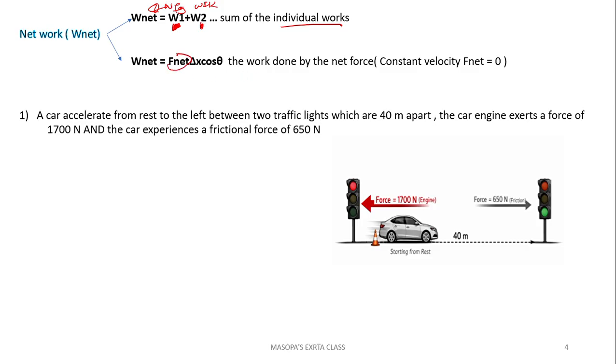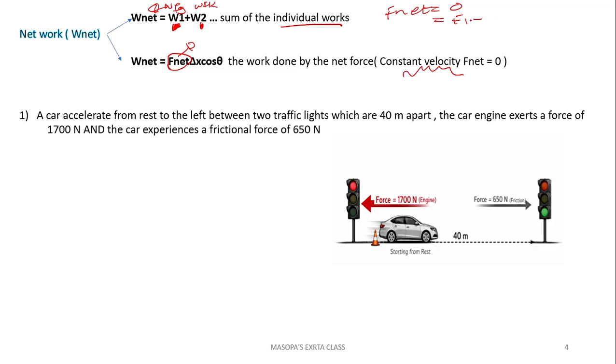Net force, how? When we are dealing with a constant velocity, meaning that the F net is equal to 0, whereby now you have to state those forces. Remember that you take the positive one first, then minus the opposite one that is acting in the opposite direction.